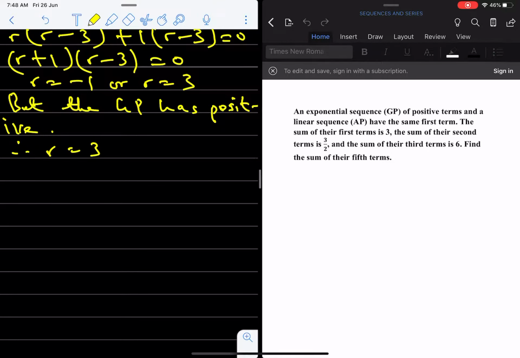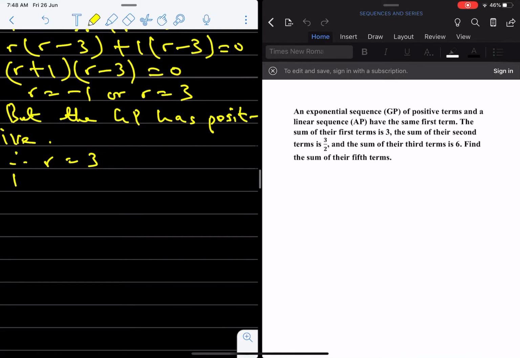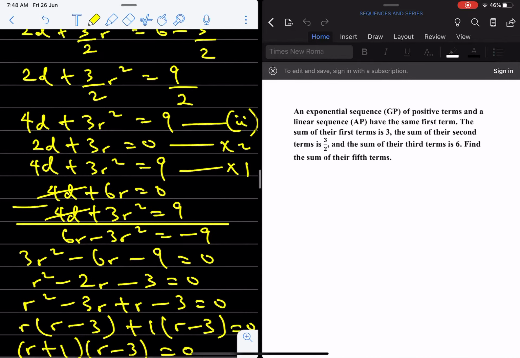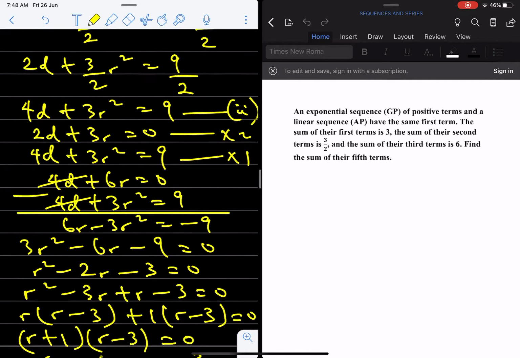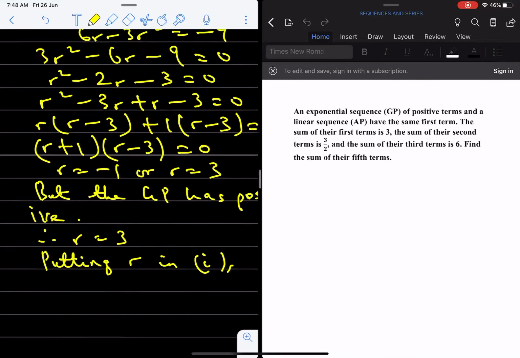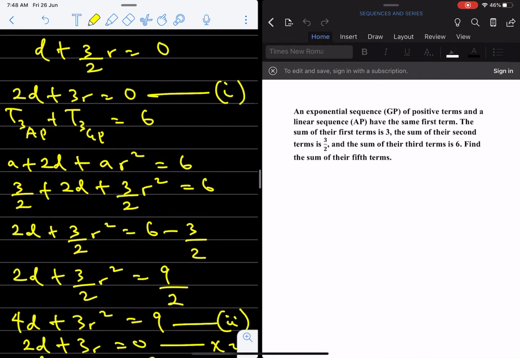So now we have got R equals 3, and I can put R in equation 1 to find D. Equation 1 is 2D plus 3R equals 0.